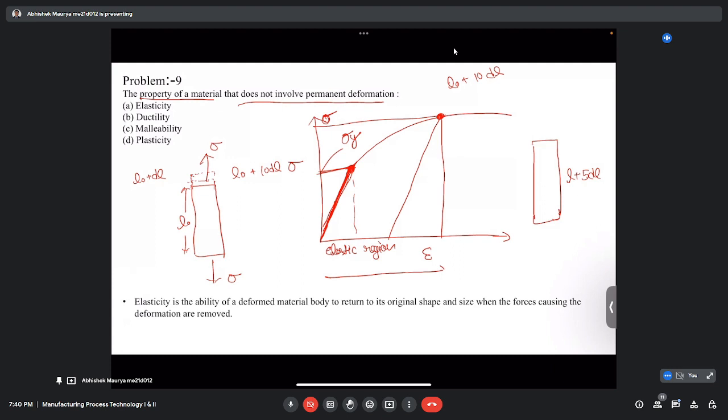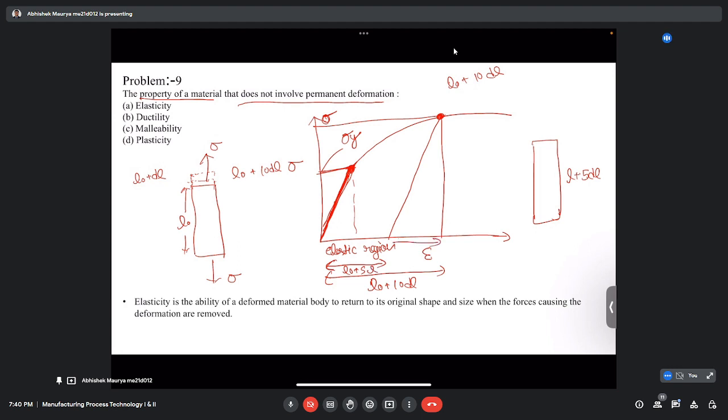When we applied complete load, this length we got L0 plus 10 times dl, and when we remove the load, the final length of material will become L0 plus 5 dl.